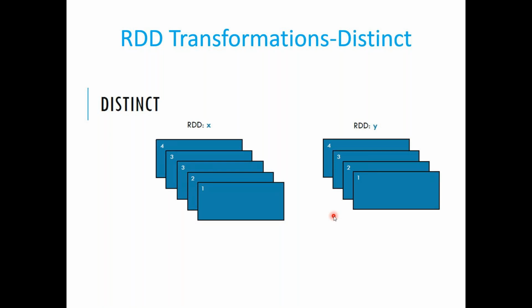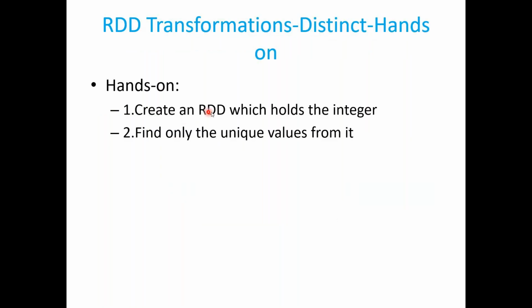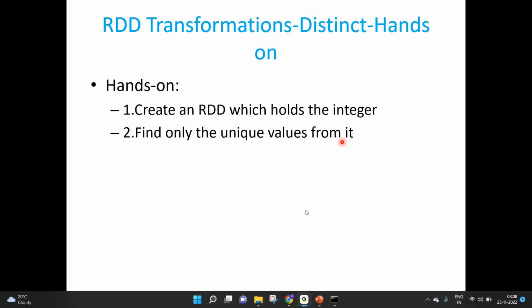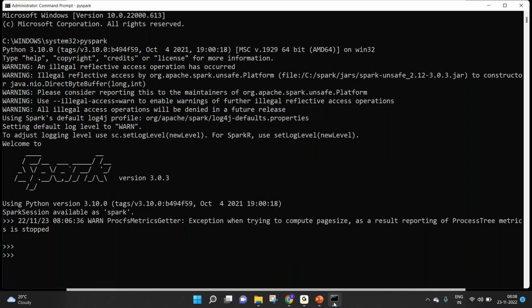So let's do the hands-on. Create the RDD which holds the integer values and find only the unique values from it. So I'm going to create an RDD. Let's say int RDD equal to sc dot parallelize, and then pass your list here directly: 11, 22, 33.